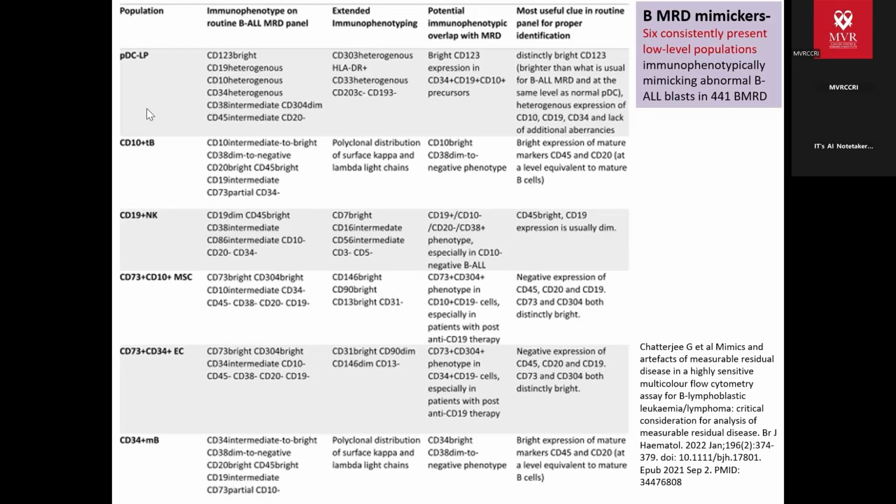Why does the LOD and LOQ of each test vary? Because you calculate our LOD and LOQ by the LOD events that is set in my instrument, 10 events, divided by the number of viable events that I've acquired. So if I am acquiring just 100 cells, my LOD becomes 0.1. If I'm acquiring 1000 cells, my LOD becomes 0.01%. So each test, when you get the report, you have to check the LOD and LOQ.